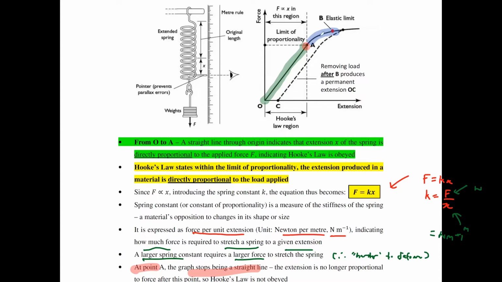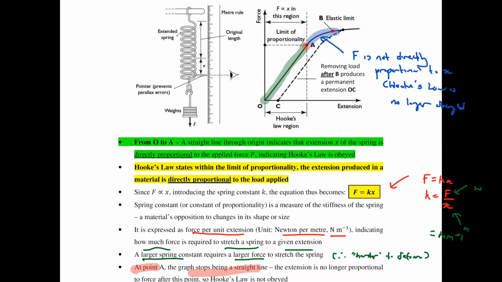At this point here, force is not directly proportional to extension, which I wrote as x. At this point here, force is no longer directly proportional to x. So this point here is where Hooke's law is no longer obeyed.